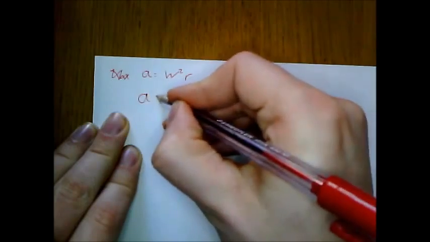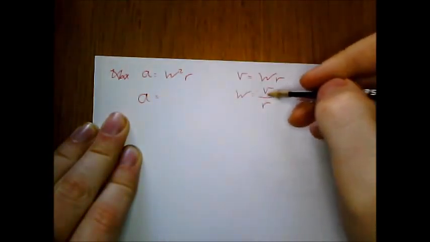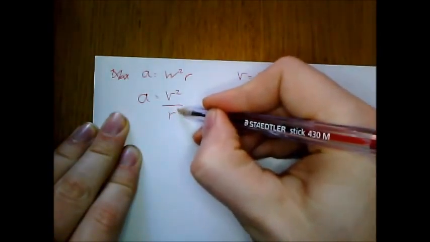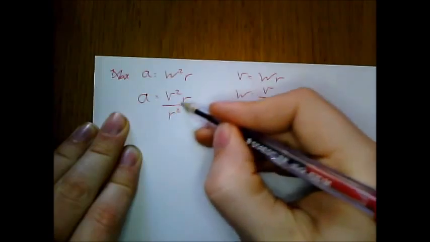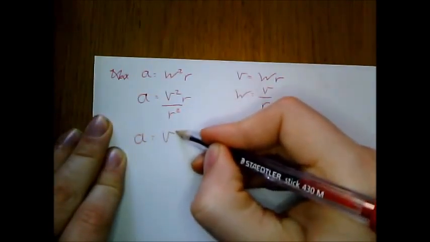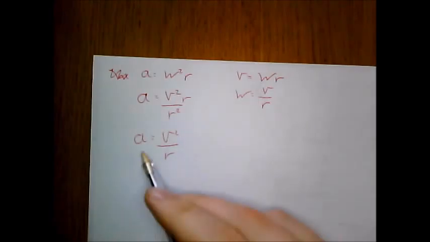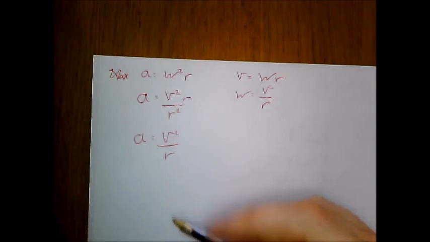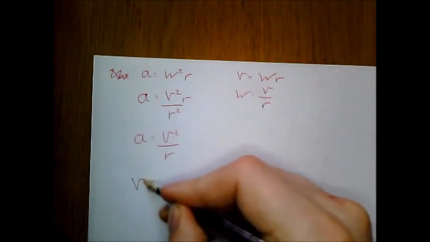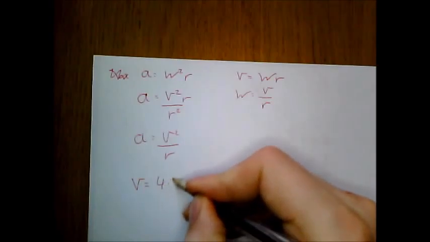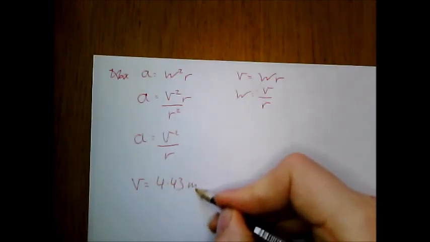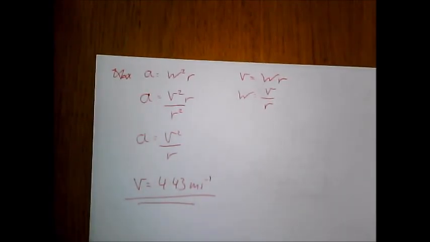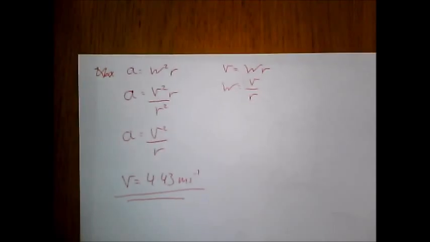So substituting in, A equals v squared over r squared, lots of r, so cancelling out we have A equals v squared over r. Now we know the acceleration and we know the radius of the circle, that hasn't changed, so after some substitution you should find that v is equal to 4.43 meters per second, and that is question 8 completely done, and I hope that helps.